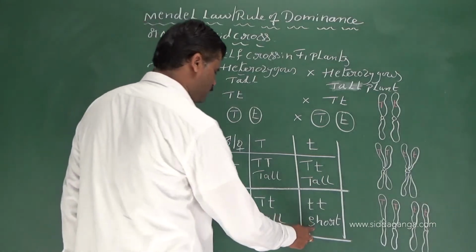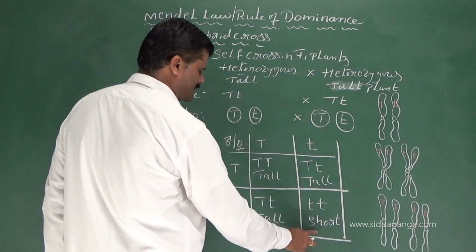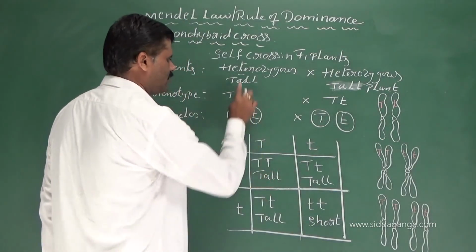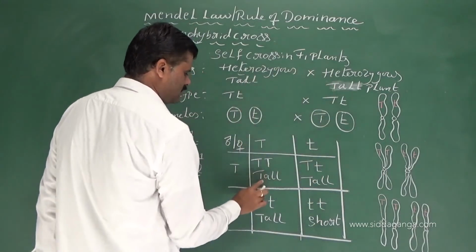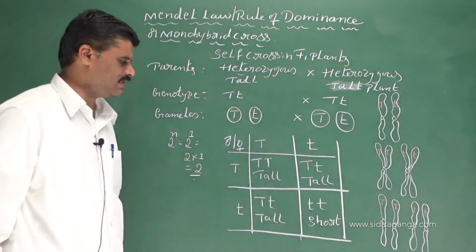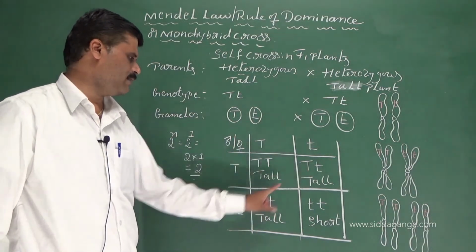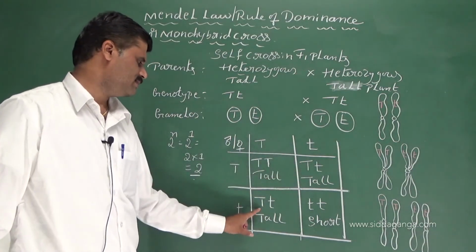Once again, in F2 generation, what happens? The parental type is expressed, parental type both tall and short type, homozygous tall and homozygous short is expressed in the F2 generation, and also hybrid plants are expressed here.